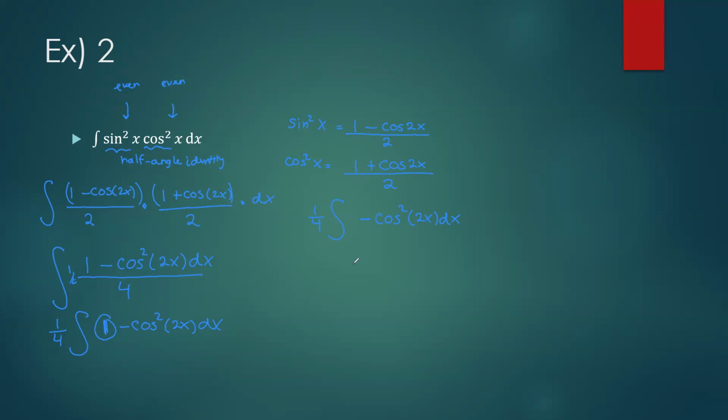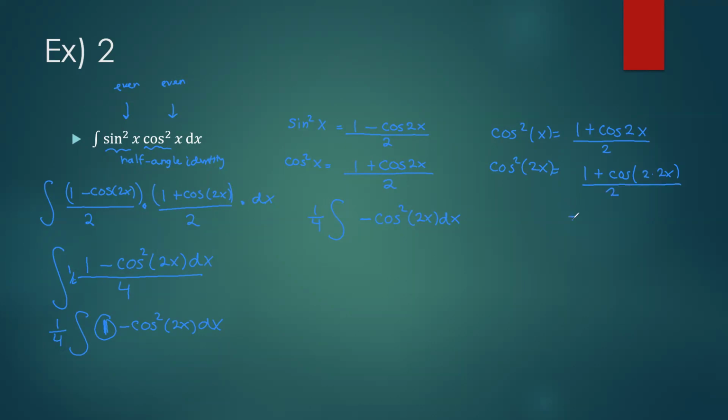And now you're going to use your identity. Did you know that this is also your half angle identity, cosine square of x is 1 plus cosine of 2x over 2, but cosine square of 2x, in our case, is going to be 1 plus cosine of 2 times 2x, all over 2.